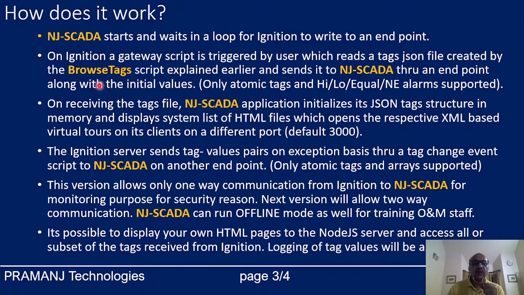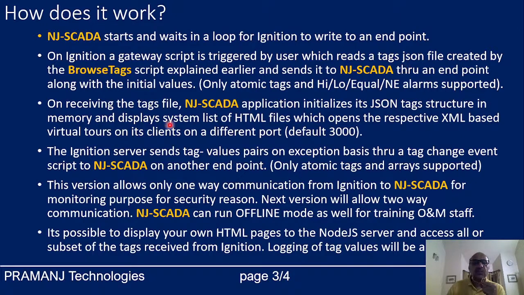So you can define all the tags from anywhere in Ignition. It could be from any tag provider or any folder, or even OPC tags can be defined there. So the browse tags script reads this tags path file and creates the tags.json file.